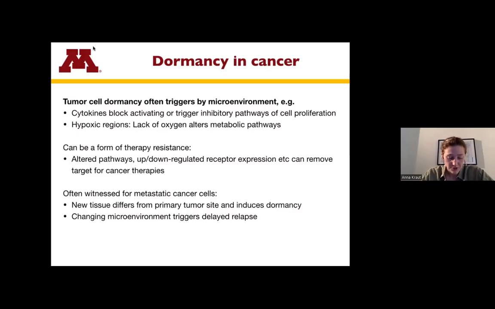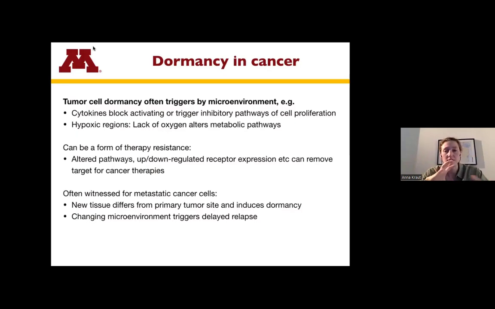Another option is that there could be hypoxic regions. So if you look at a tumor mass, many models assume the tumor to be a well-mixed entity, but actually we need to pay attention to the spatial structure of the tumor, where if these tumor masses grow, they actually build their own blood vessel systems in order to get nutrients and oxygen.